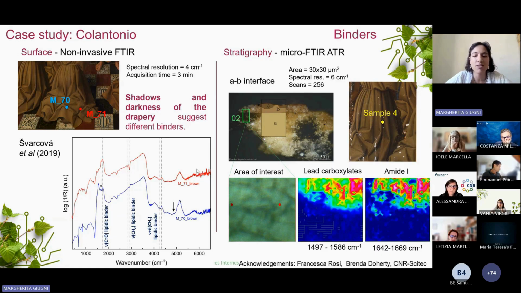Since we know that lead soaps are a degradation product usually associated with drying oils, we suggested that the presence of tempera could be found maybe under a layer of drying oil, or there could be an emulsion. This is also provided that previous work showed that in the presence of tempera, there is a faster production of metal soaps.